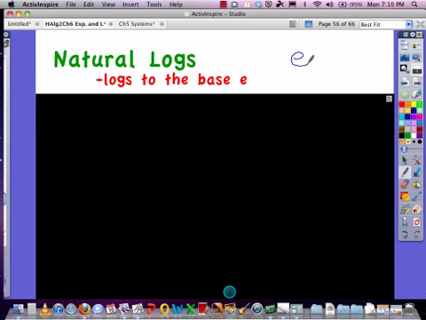Now, e is the base. It'll be raised to a power, and it will have, again, a y value. So anything that is of base e will be considered a natural log. Again, why? Because it naturally occurs with that calculation we just did.